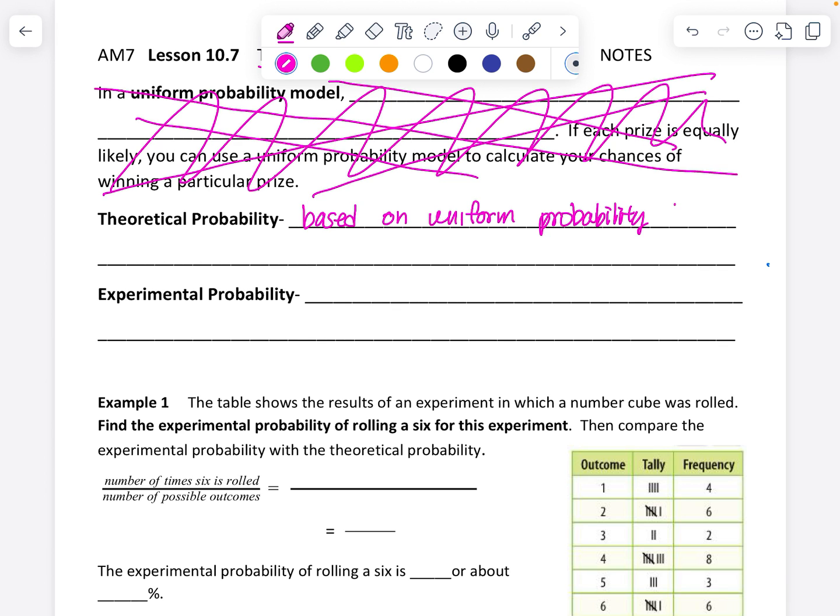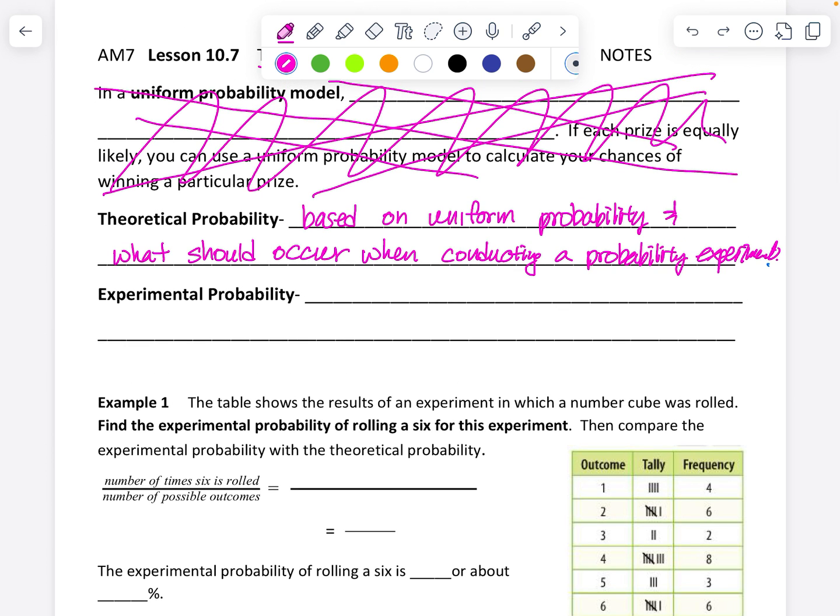And this is what should occur when conducting a probability experiment. You can even cross this part out, I suppose, because we don't really talk about uniform probability.